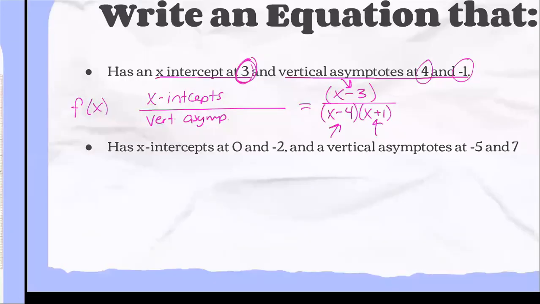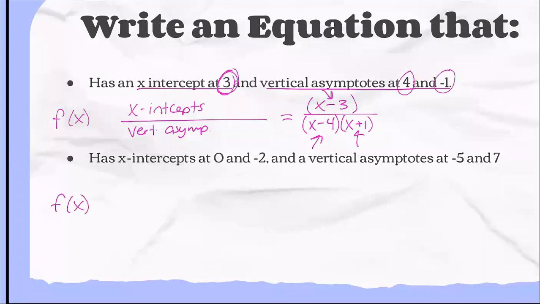All right, let's do another one. So f of x has x-intercepts at 0 and -2, and vertical asymptotes at -5 and at 7.